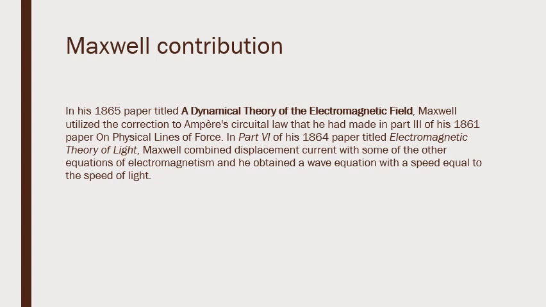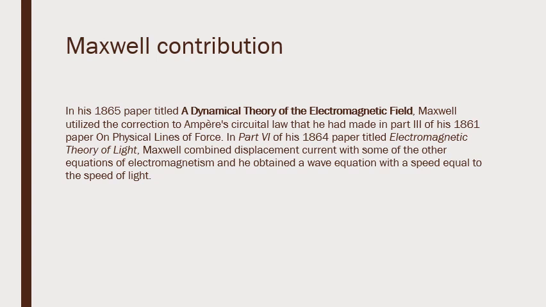In these equations, the first three, Gauss's law for electric field, Gauss's law for magnetic field, and Faraday's law, are consistent. But he found that the fourth equation is not consistent. We have discussed this in the last class.